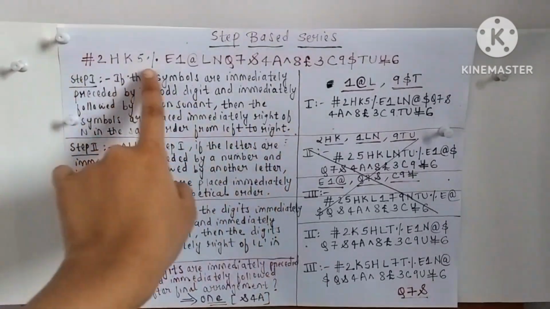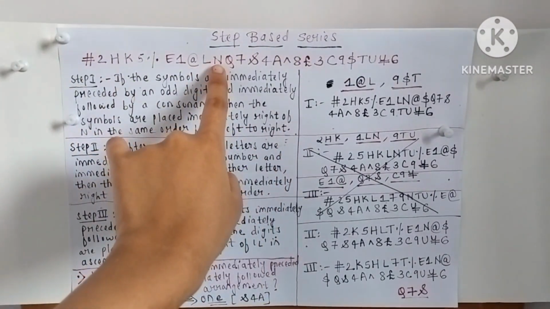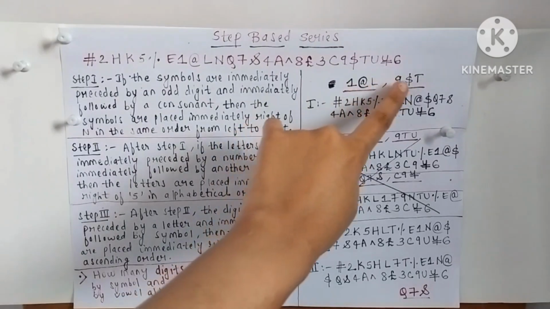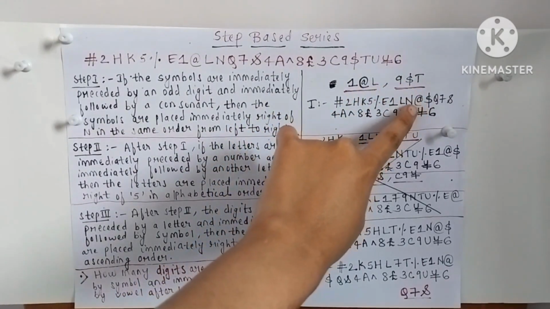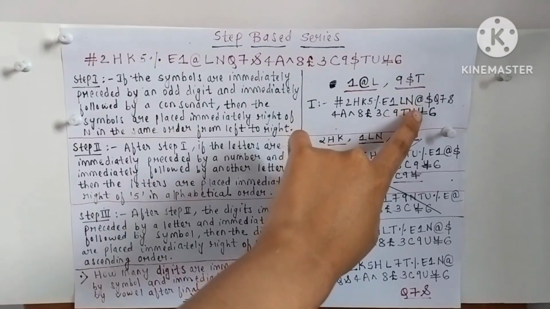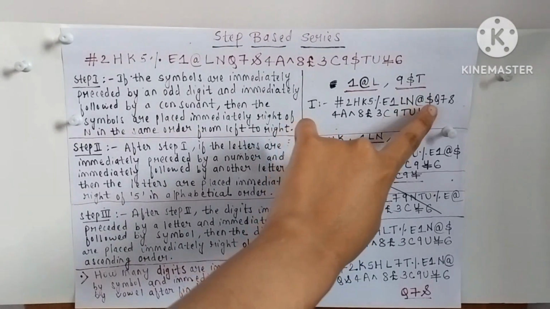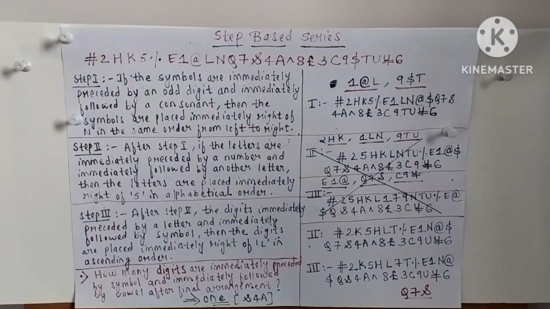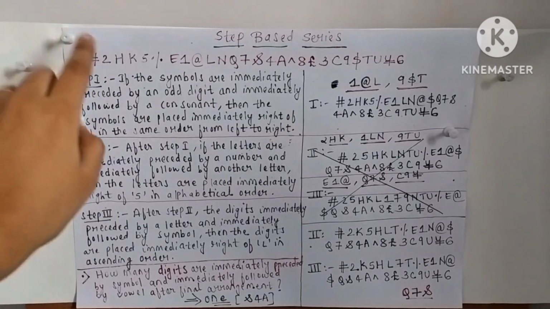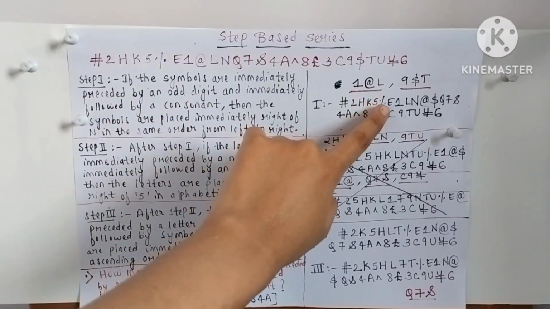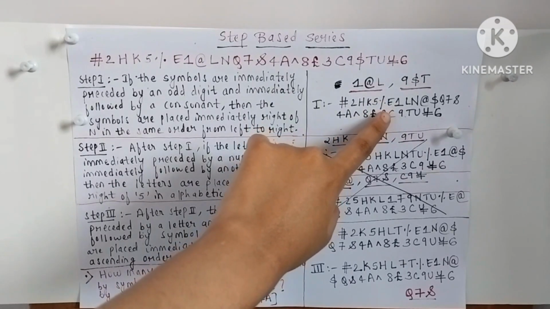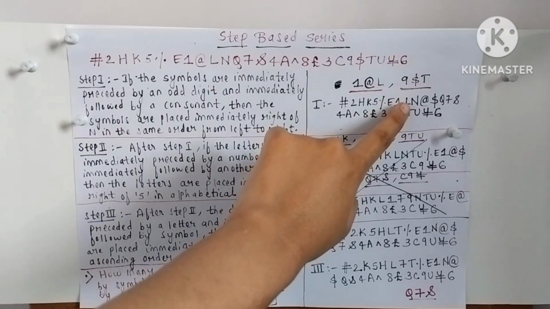Where is n? N is here. So whatever symbols are there, you need to arrange them immediately to the right of n from left to right order. So what will be the series? Hash will remain as it is, then 2hk $5, sorry, percentage e 1 ln.